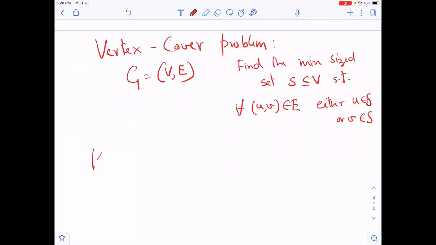Okay. We also had the knapsack problem. You remember that knapsack problem?